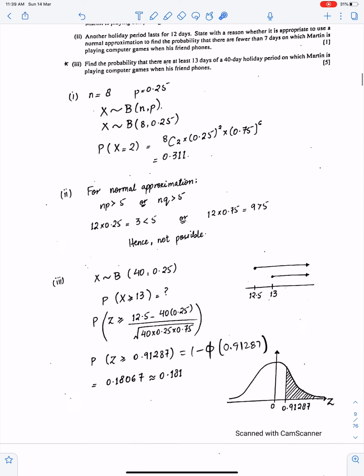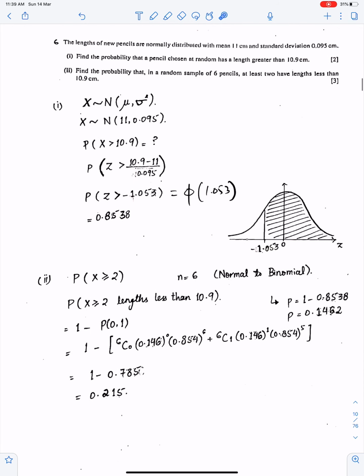Next question. The first part: the lengths of new pencils are normally distributed with this mean and this standard deviation. Find the probability that a pencil chosen at random has a length greater than 10.5. So we need this probability, greater than 10.5. This is so simple, this is the direct normal.